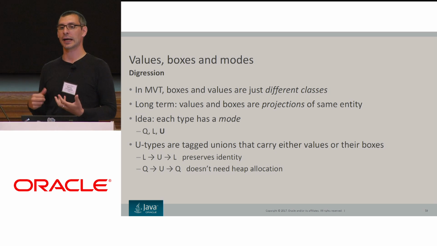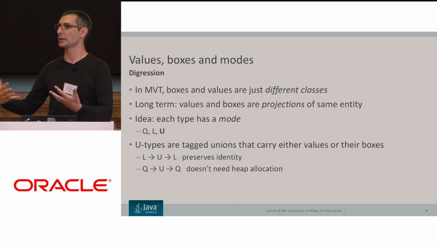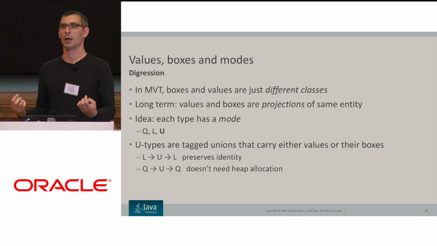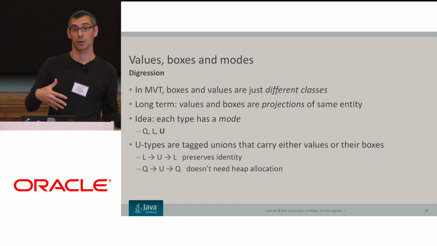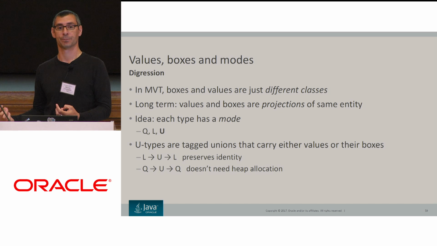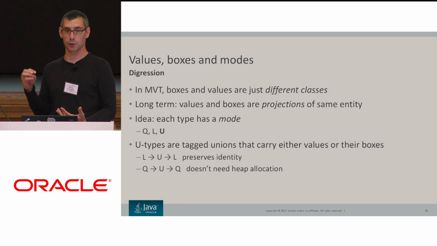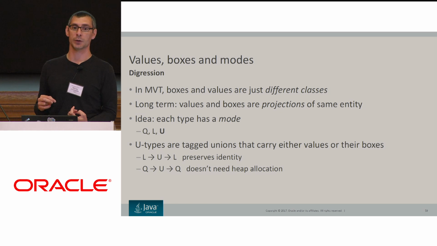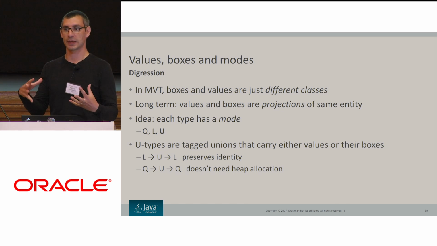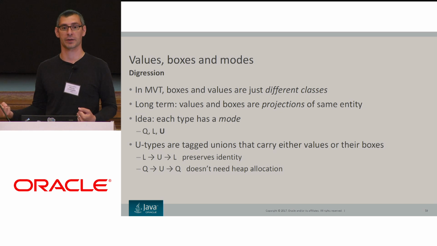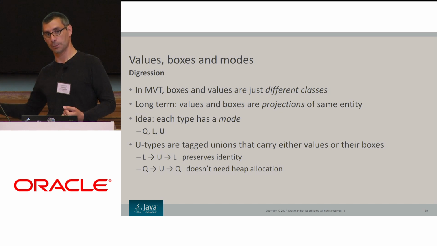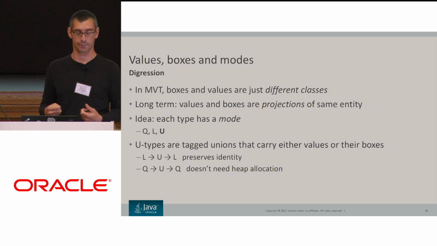It's basically a new carrier type that can be used to store both a value or its box. And the cool thing about a U is that when you store a reference type inside a U, it's a boxing that preserves the identity. So when you get back the reference object, you get back the same identity that you started with.